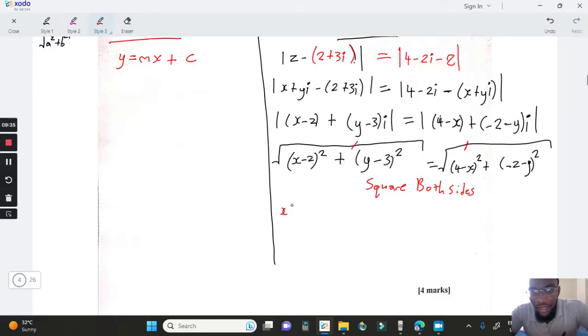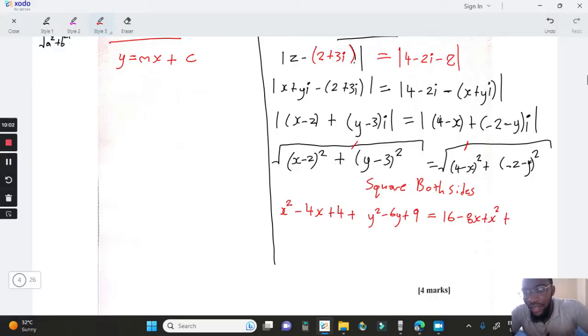So this becomes x squared plus, minus 2 times x is minus 2x, so that becomes minus 4x. Negative 2 when you square it is 4. Then y squared minus 6y plus 9. So this is just expanding the bracket. Expanding this bracket, this is 16 minus 8x plus x squared.